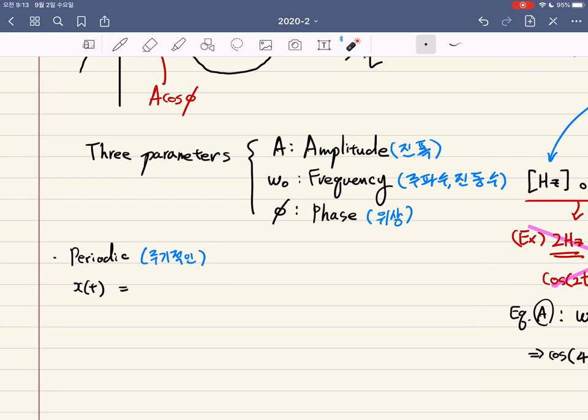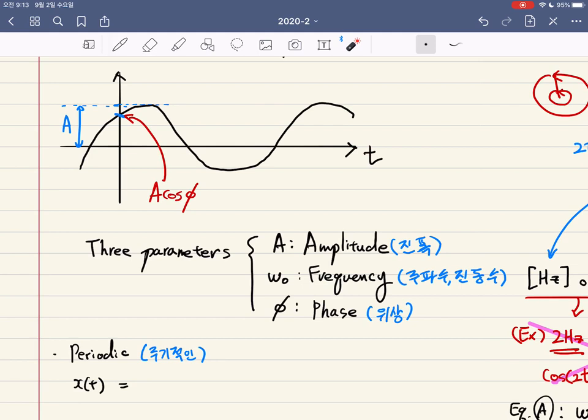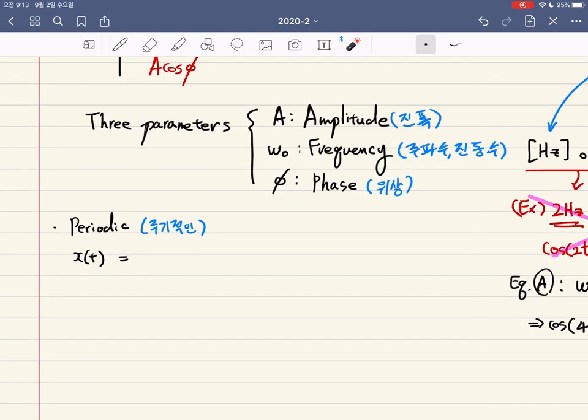By expressing that statement into the equation, if you shift the time axis by some amount, and I will say that amount as large T0.